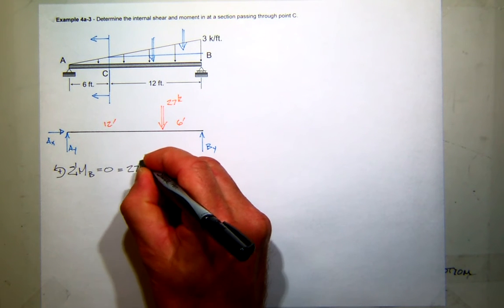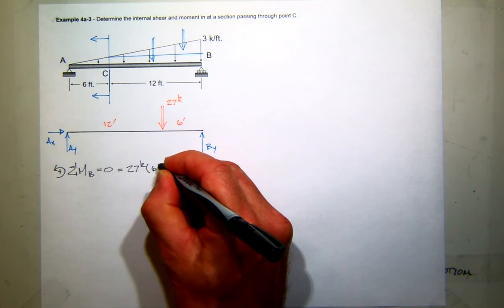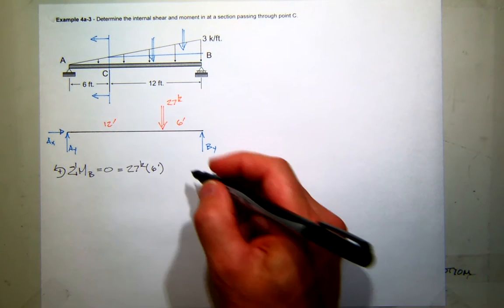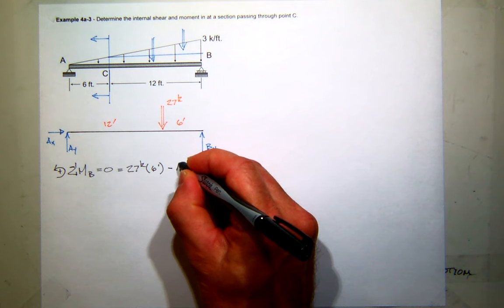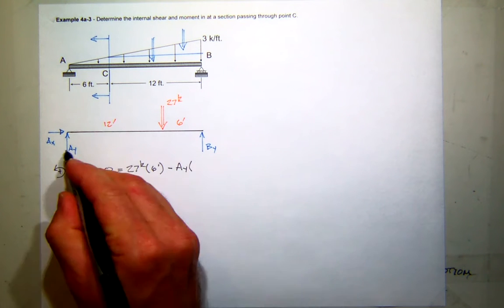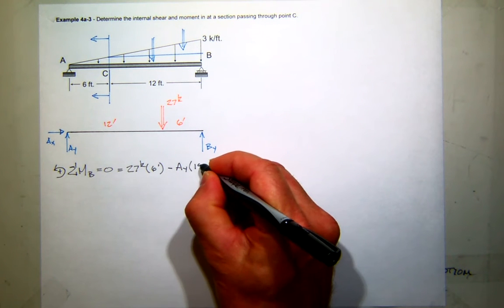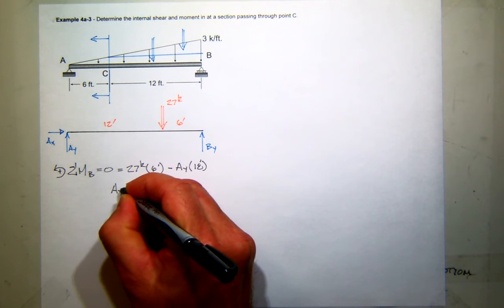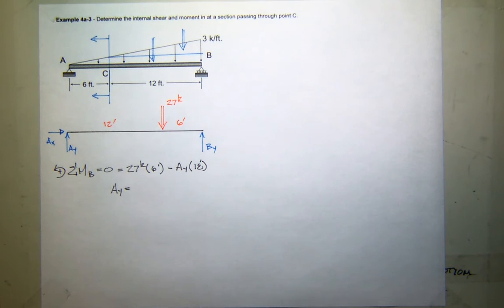So the force is 27 kips, and the moment arm is 6 feet, positive. And AY is going to create what kind of moment? Negative. And that will be AY times this moment arm, which is 18. So it looks like AY is going to be 9.